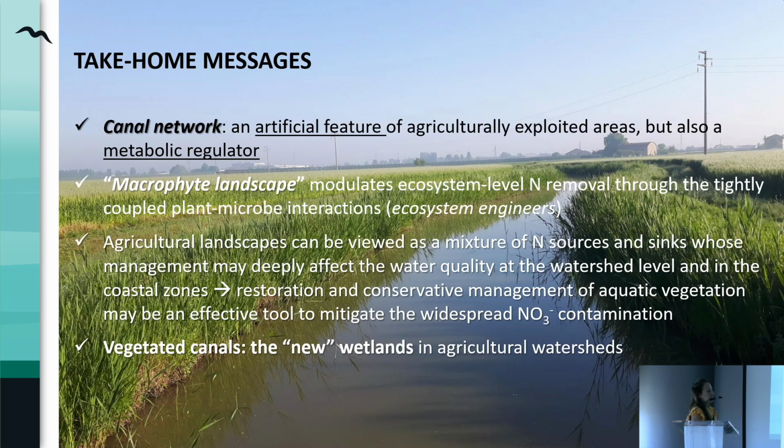So the agricultural landscape can be viewed as a mixture of nitrogen sources, but also of nitrogen sinks, if canal networks are properly managed. And the restoration and conservation management of aquatic vegetation can be viewed as an active tool to try to mitigate, even if partially, the widespread nitrate contamination. And in this context, the canals and ditches can be considered as the new wetlands in agricultural watersheds.